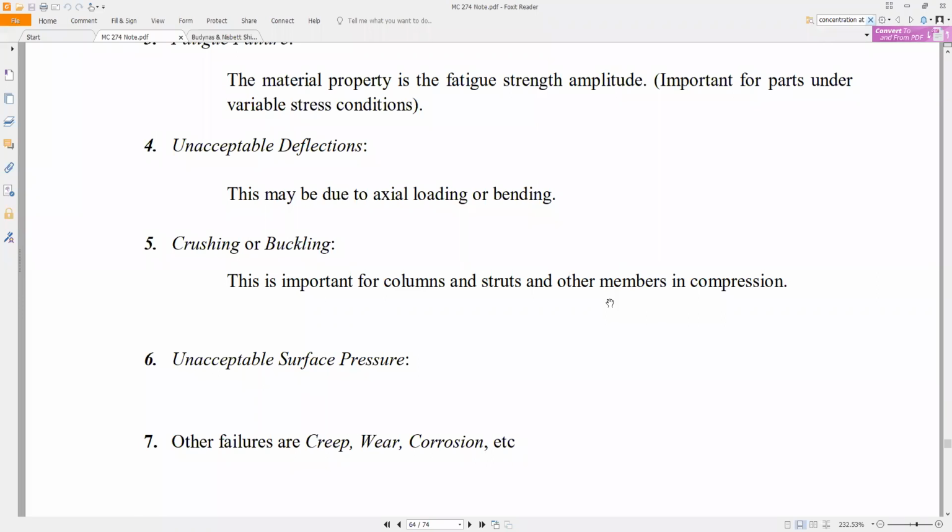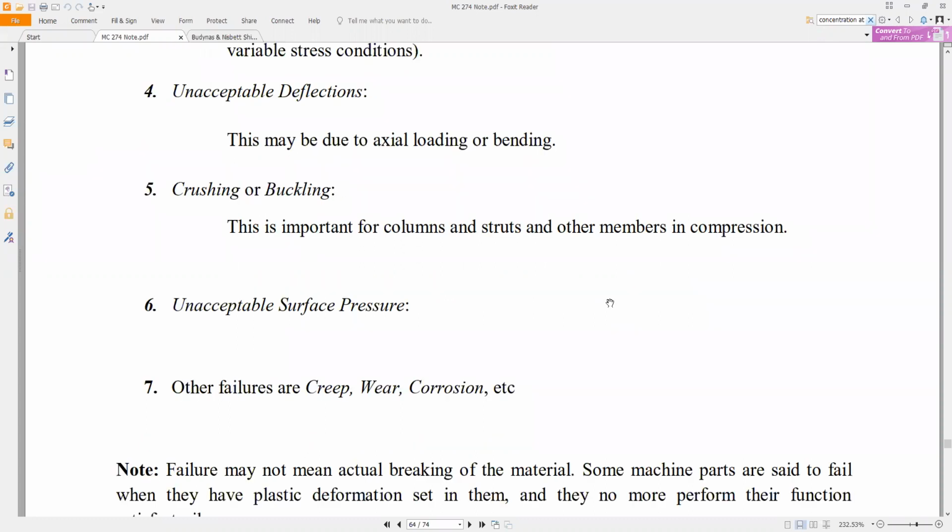And then we also have unacceptable surface pressure. Surface pressure which occurs on the surface of the material may also cause it to fail. Then we have other failure modes like creep, wear, corrosion, and other things.